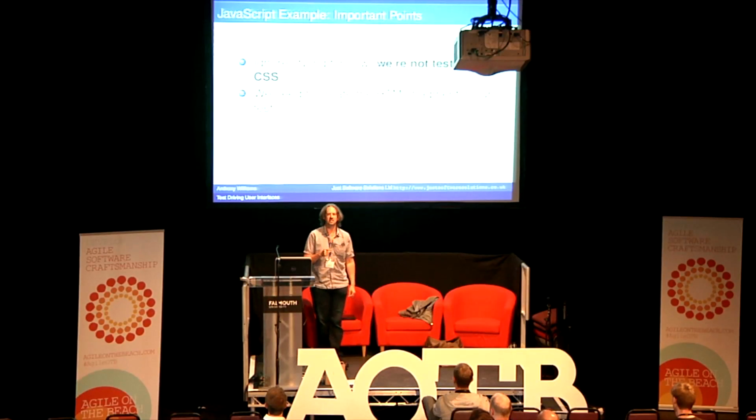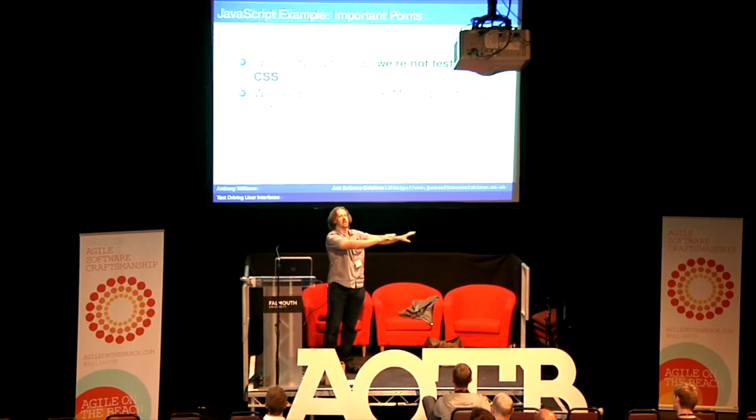Secondly, as I said earlier, doing this test and doing it TDD includes the HTML as well as the JavaScript. So we're testing the whole aspect of the UI. We're not just testing, well, somebody's written the HTML over there, and they're giving us this HTML, and now we're going to test some JavaScript. It's a valid way of working, but that's not what I'm thinking about. We're creating the HTML as we go along.